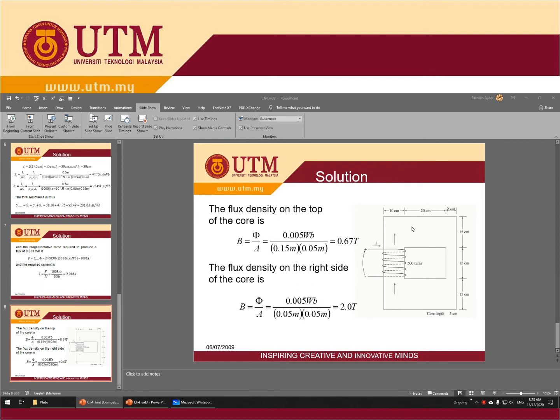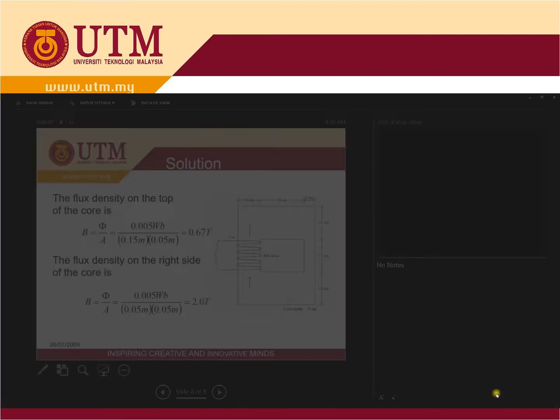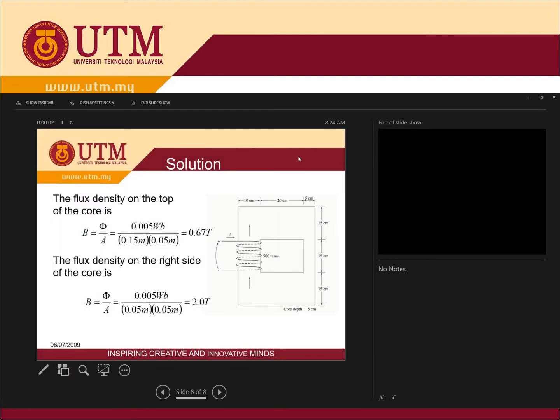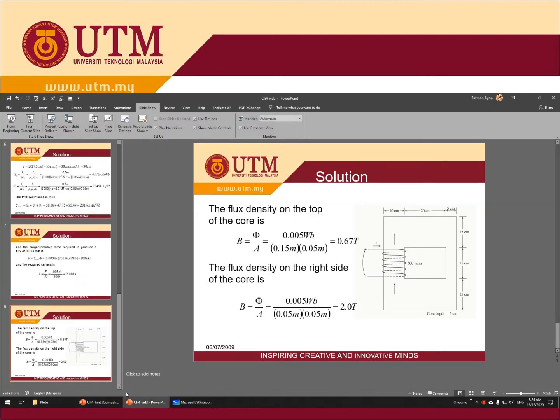So you have to use this. I just show you here, you have to find the corresponding area. At the top, the area is A2.